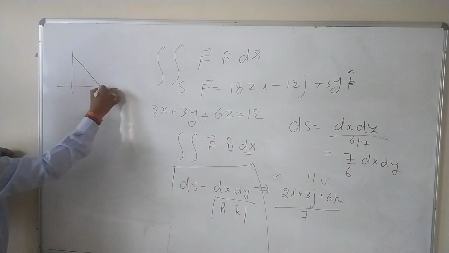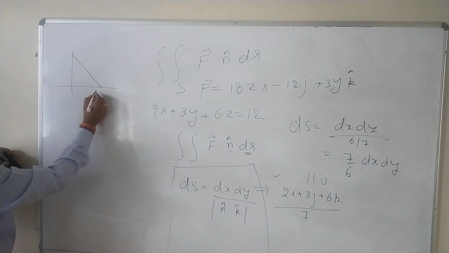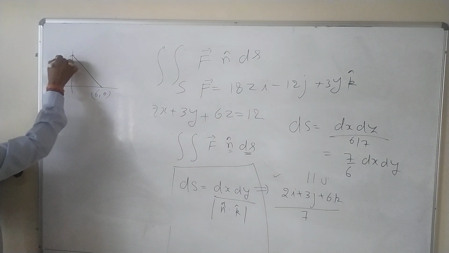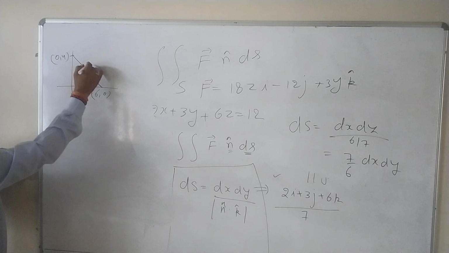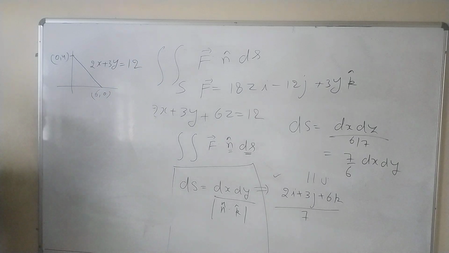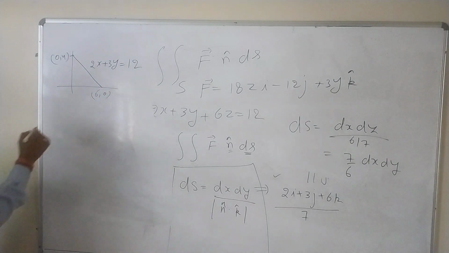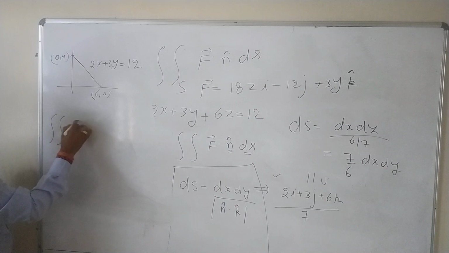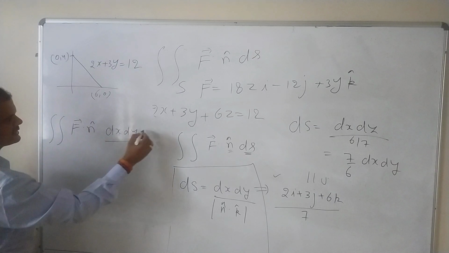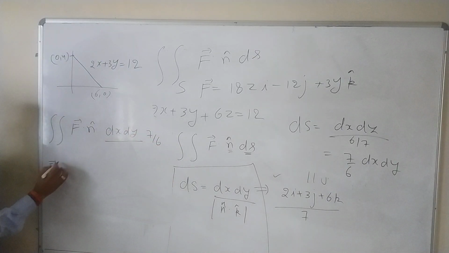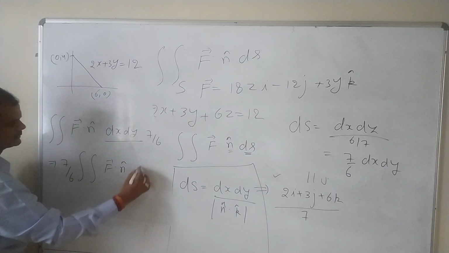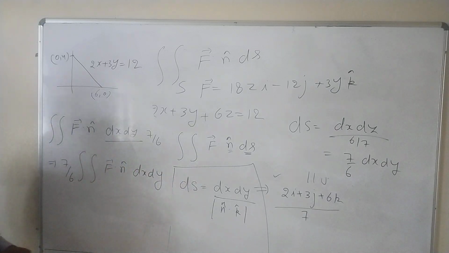We need the triangle for the xy limits, right. So x goes from 0 to 6, y goes from 0 to 4, and the line equation is 2x plus 3y equal to 12. Now the integral is 7 by 6 double integration of F · n dx dy.